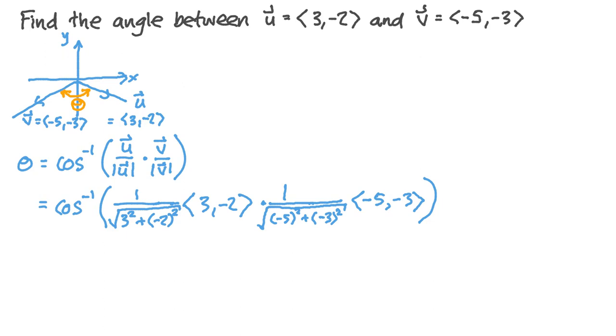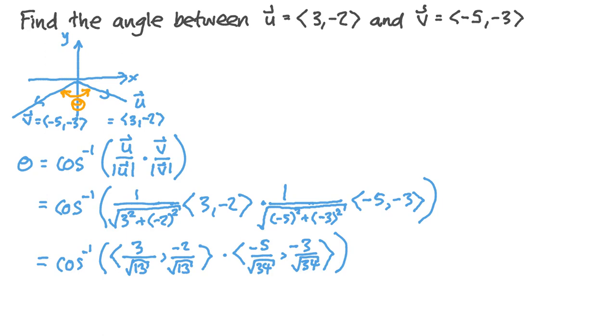So let's evaluate each of those terms. 3 squared plus negative 2 squared is 13. So the u vector becomes 3 over root 13, negative 2 over root 13. And then moving on to the v vector, 5 squared plus 3 squared gives us 34. So the v components are minus 5 over root 34 and minus 3 over root 34. So we've just got to do the dot product of those.